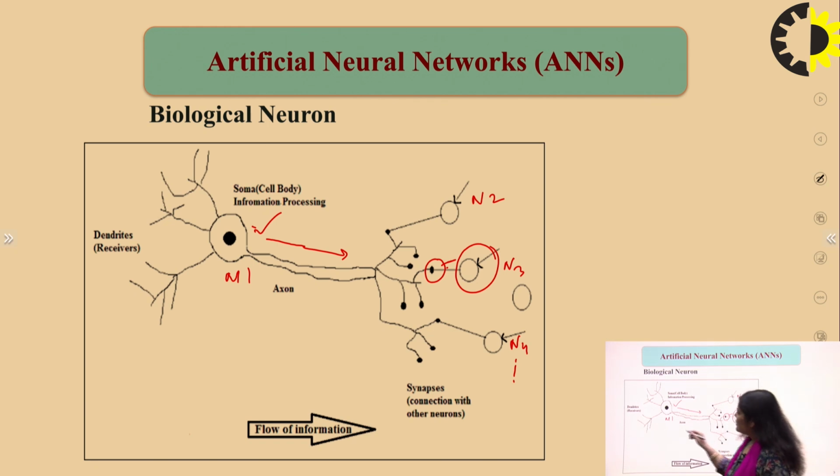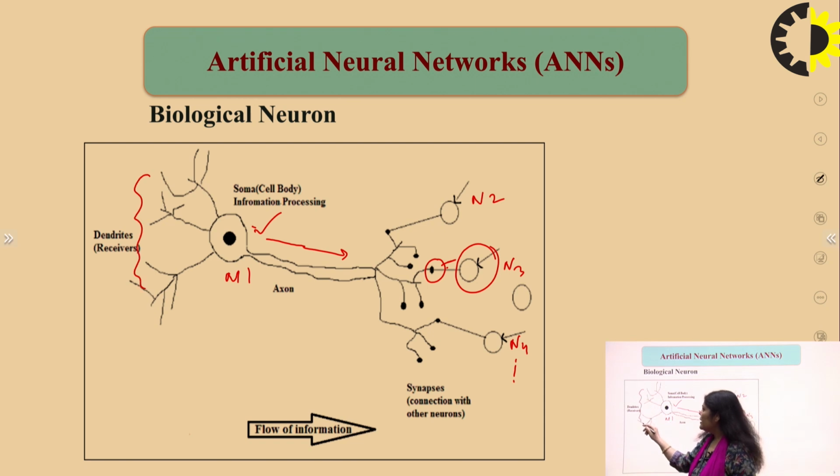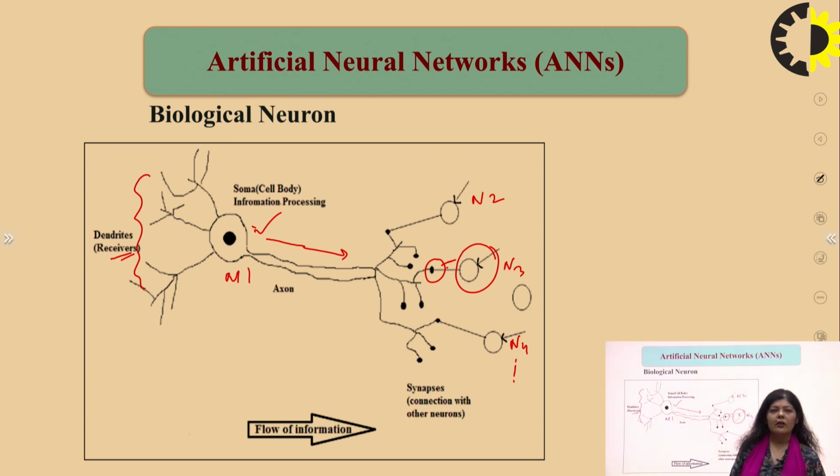Now, there is another thing here. How is this cell actually receiving the input, because it has to process the input? So from where is it getting the input? These thread-like structures here are called the dendrites, and they act as the receiver of the information.